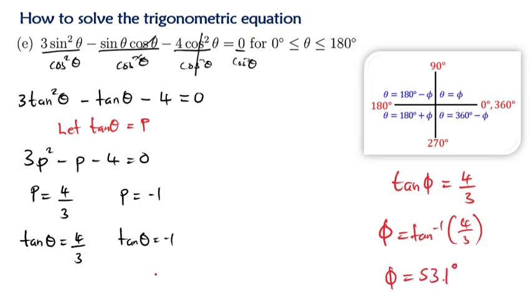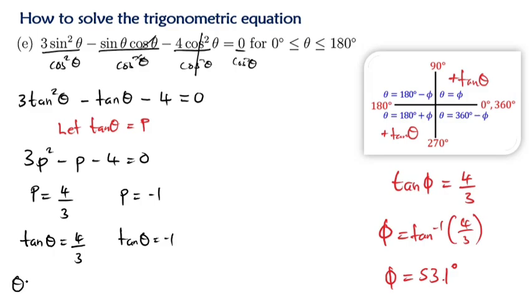Now understand that tan here is positive. So we have to find a quadrant where tan is positive. Tan is positive in the first quadrant and in the third quadrant. So in the first quadrant, theta is equals to phi.